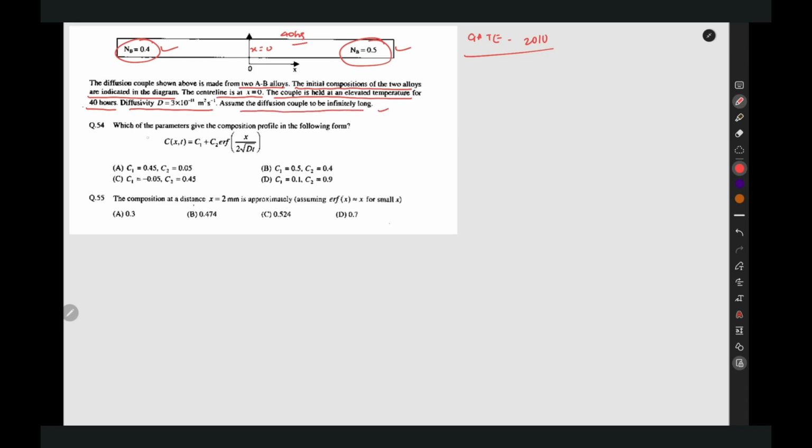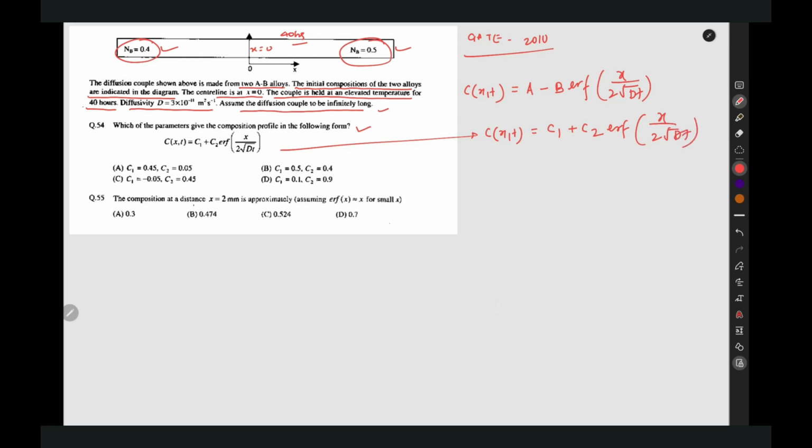Question number 54. Which of the following parameters give the composition profile in the given form? So from the Fick's second law, we know that C of x, t equal to A minus B ERF x by 2 root Dt, and the given expression here is C of x comma t equal to C1 plus C2 ERF x by 2 root Dt.